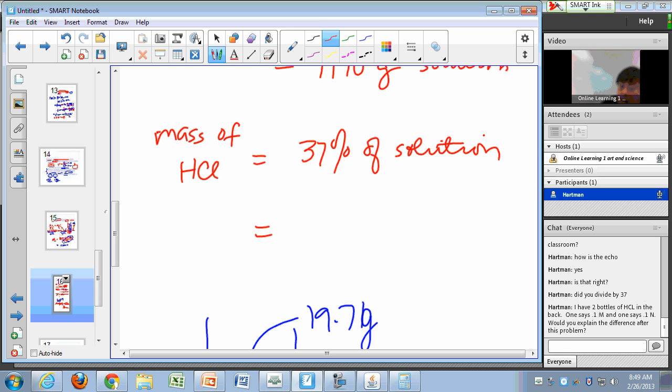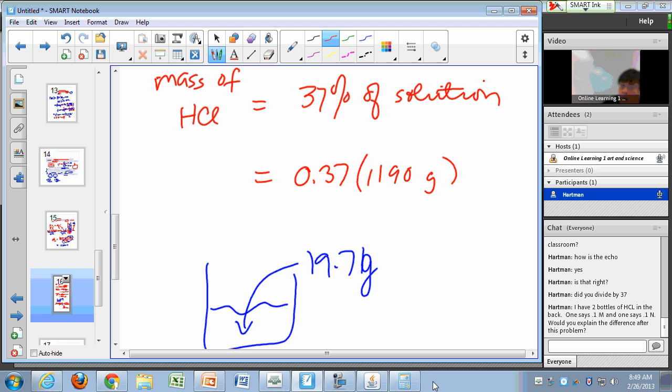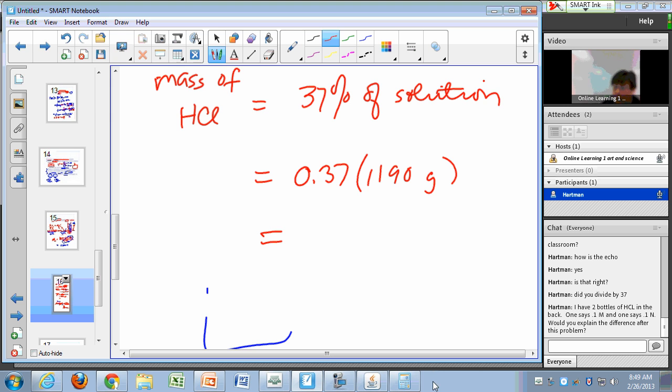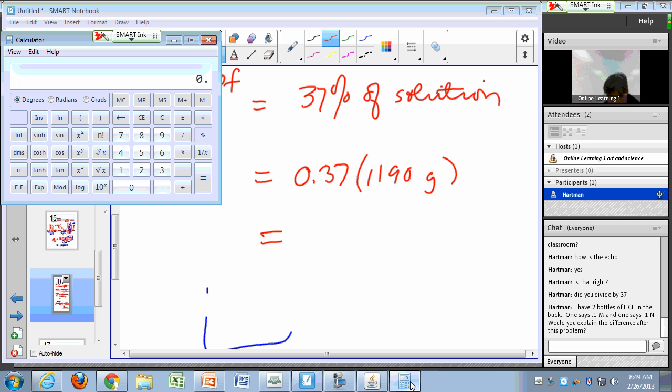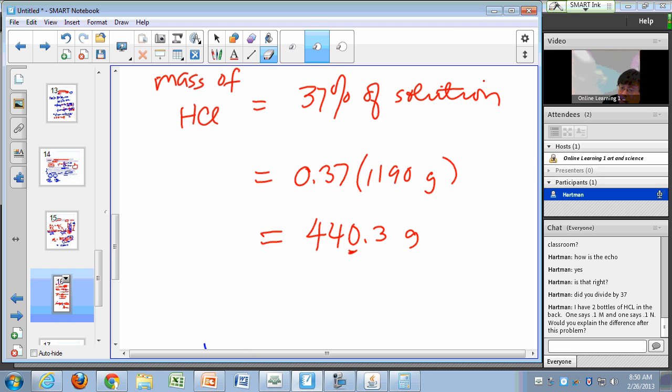You say it's 0.37 times 1190 grams. So that gives you 440.3 grams. 440 grams, 3 sig figs. We're assuming our percentage is exact, and we have 3 sig figs in 1190.